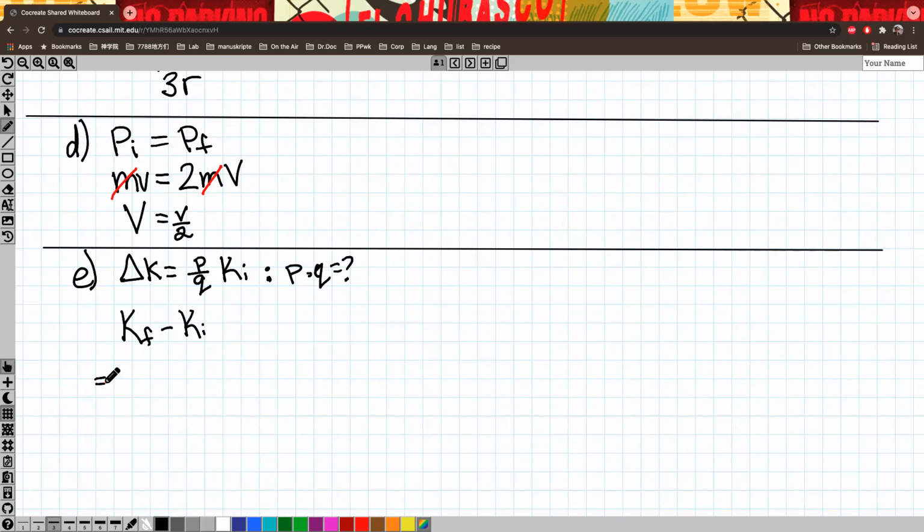KF is equal to half of mv squared, but m is 2m, and the velocity is v over 2. Okay, and that's the translational kinetic energy. Oh, and then you add the rotational.